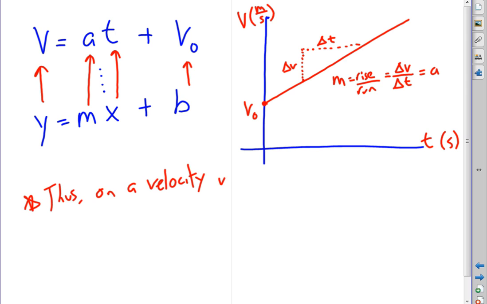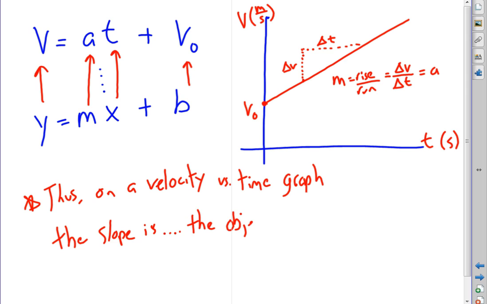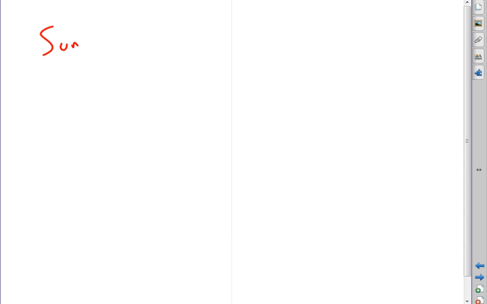So thus, on a velocity versus time graph, the slope is, wait for it, the object's acceleration. Ta-da! Yes, hooray.